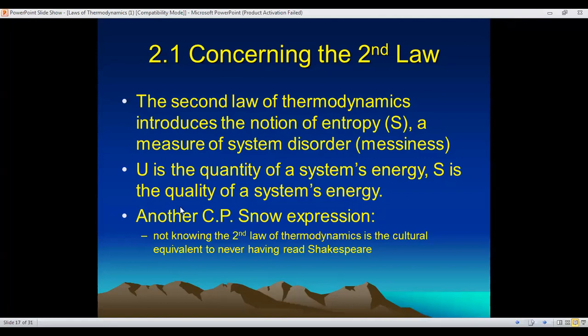So there are two quantities: one is capital U and the other is S. Not knowing the second law of thermodynamics is equivalent to never having read Shakespeare. This is an example like that.